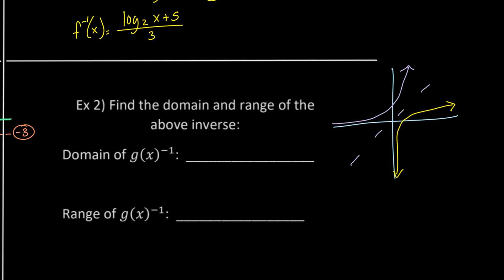So it's the inverse. So where has this function moved from our parent function? Has it moved left or right? No, it's moved up. Now, the entire thing is being divided by 3. So up 5. Up 5/3.